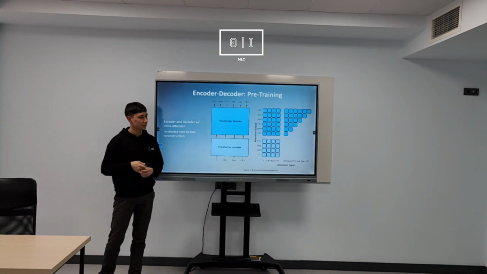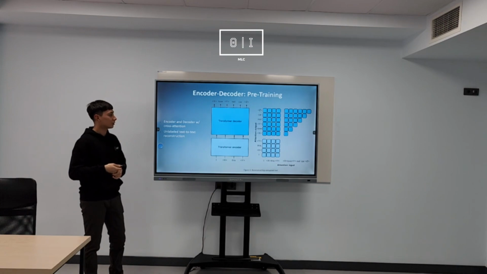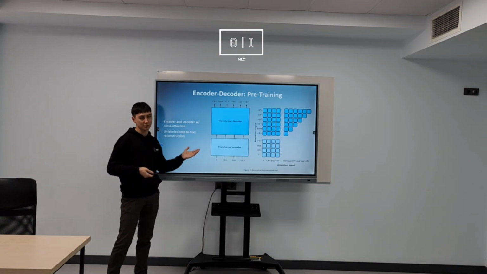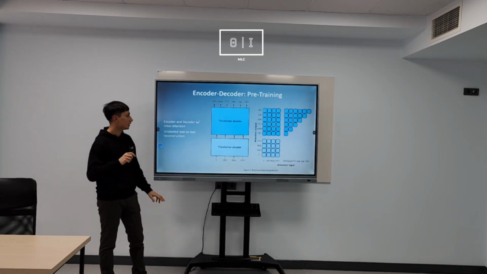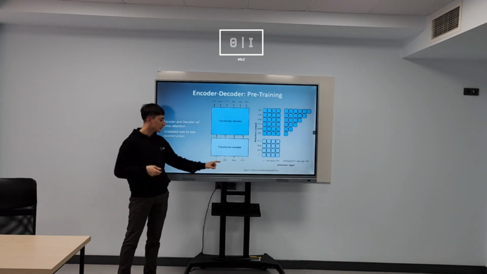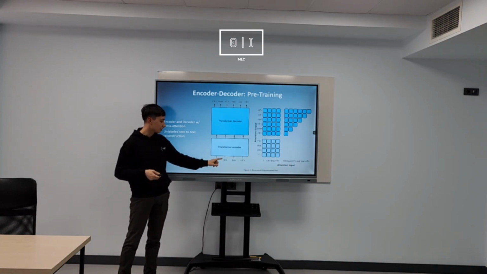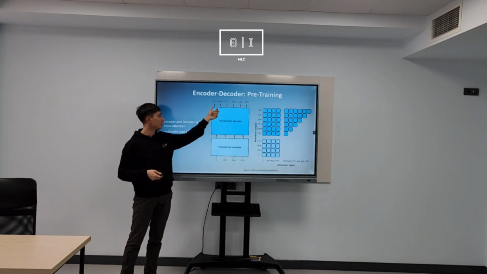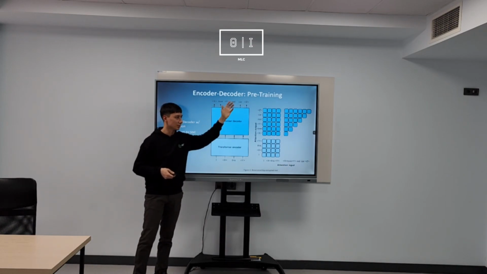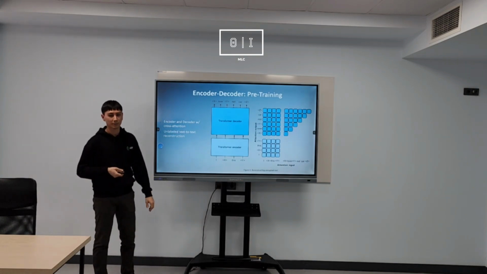So the third architecture that I want to talk about is the encoder-decoder, which is the same architecture as the original transformer, but the objective changes here. It somewhat resembles the objective of masked language modeling, but the difference is that you mask randomly for the encoder, while for the decoder you mask your tokens in reverse order and have a special token called Z, or sometimes EOS, which represents the end of the text.